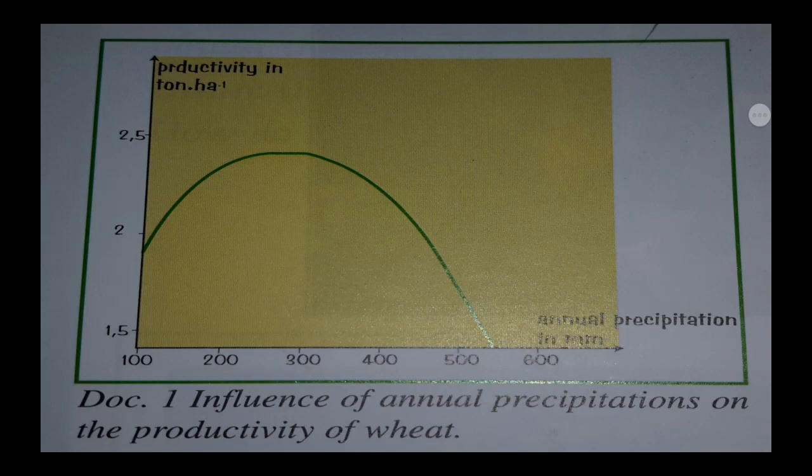As the annual precipitation continues to increase to around 550 millimeters, the productivity decreases because, as we said, too much water is not healthy for the plant. We should give it the optimal amount of water, the amount of water it needs.